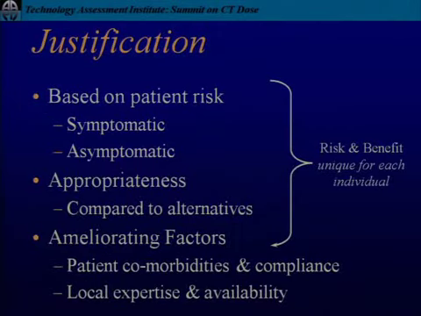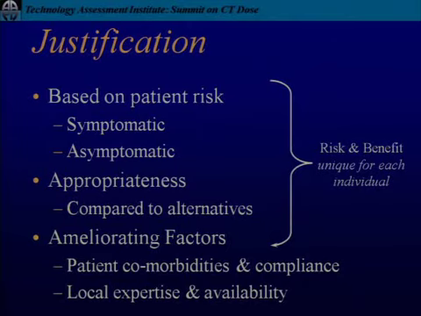Now, this justification is also based on patient risk. For example, if you think a patient has colon cancer, it's very important to detect if they have hepatic metastases. That will determine whether or not they can survive and receive important treatment. If they're asymptomatic, the relative benefit, of course, is decreased.